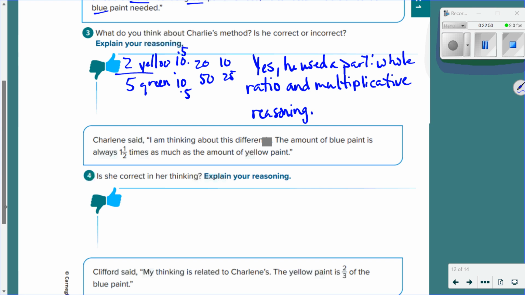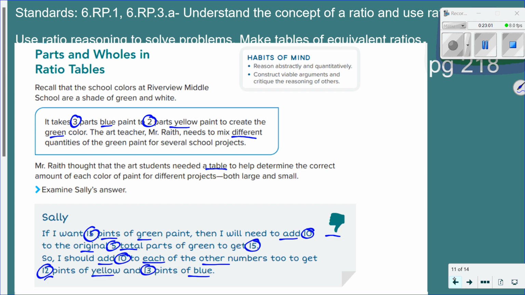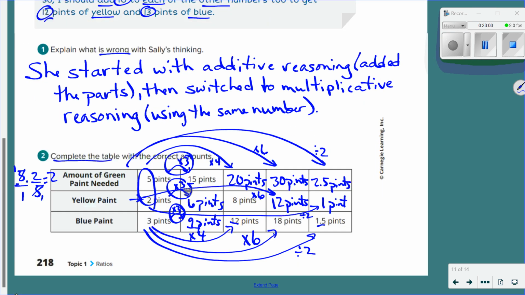Okay, Charlene said, I'm thinking about it a little differently. The amount of blue paint is always 1.5 times as much as the amount of yellow paint. So if I look at this, 1.5 is 3/2, right?